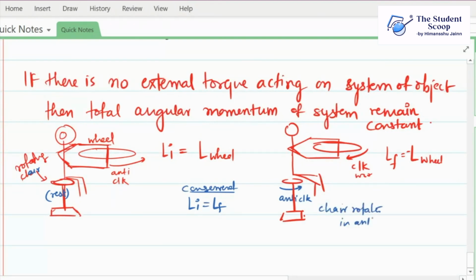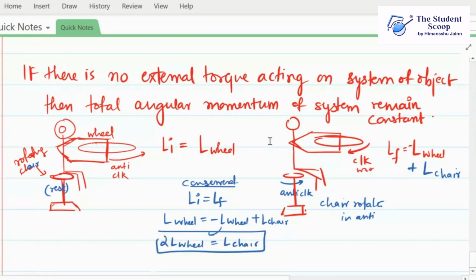Why? Because it has to balance the angular momentum, both initially for the wheel and for the chair also. The angular momentum of the chair in that case will be twice that of the wheel. So this is all there is in rotational dynamics.